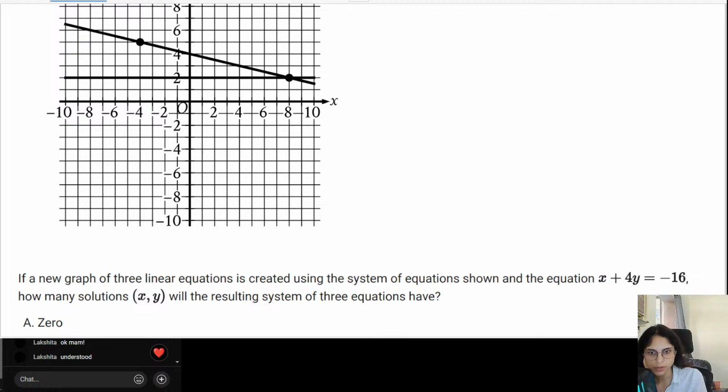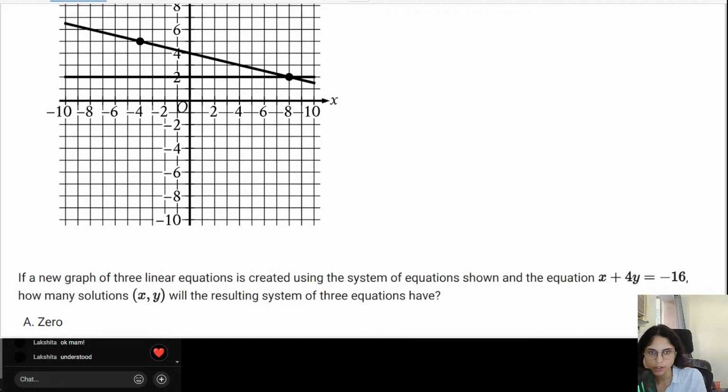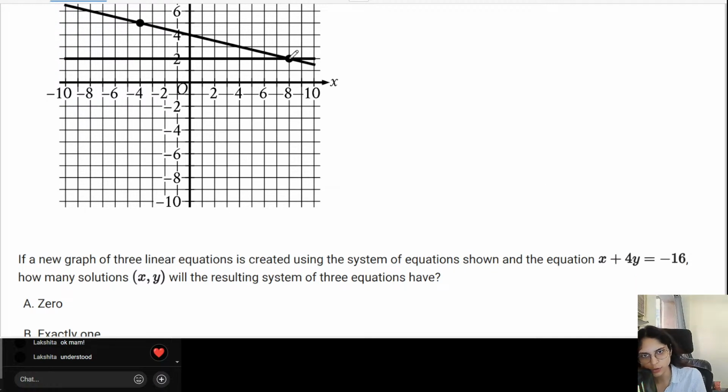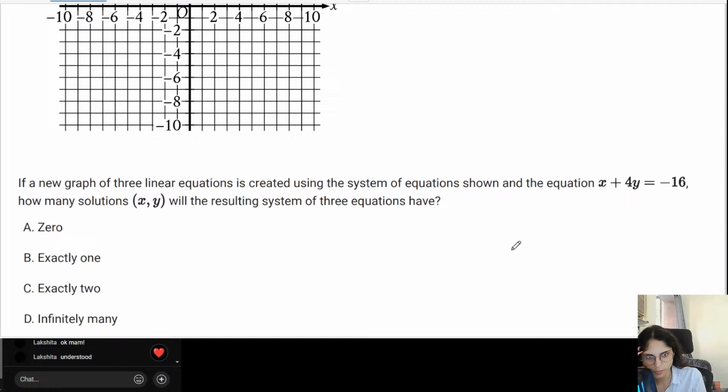How many solutions will the resulting system of 3 equations have? So for this one, look what is the solution over here. This is 8, 2. Check if 8, 2 lies on the third equation.